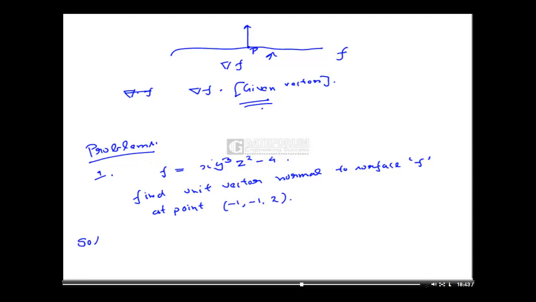Okay, so solution. If we are saying find the unit vector normal, so first when we are finding the normal vector, that means you have to find the gradient of that. So you have to find delta f.